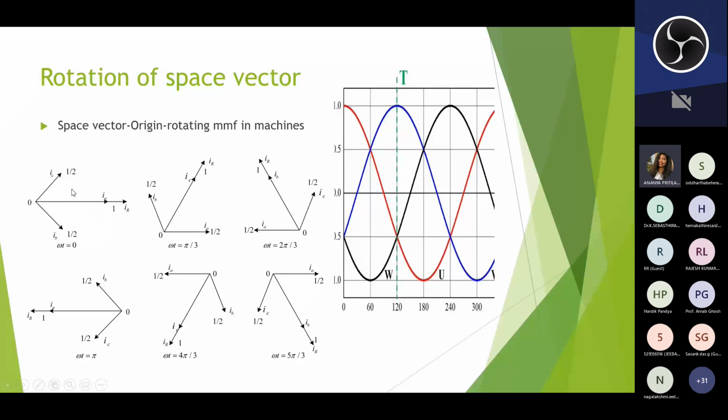So the resultant vector will be along the A direction, that is IR. IR is the resultant vector.